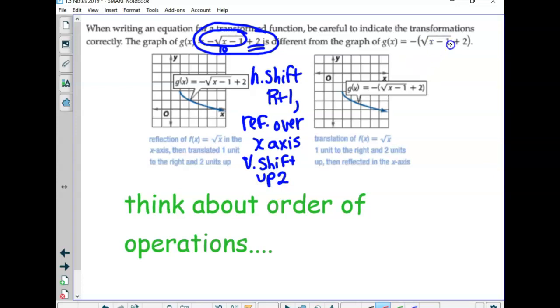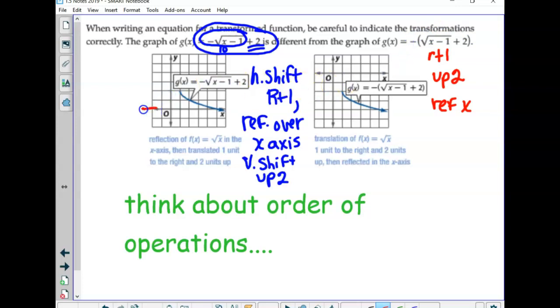Students tend to do this, okay? They say, I would go right 1 and up 2, and then reflect over the x-axis, okay? Which is actually what this one would mean to do, because you would do inside, and then because of the parentheses, the last thing you would do would be the reflect.